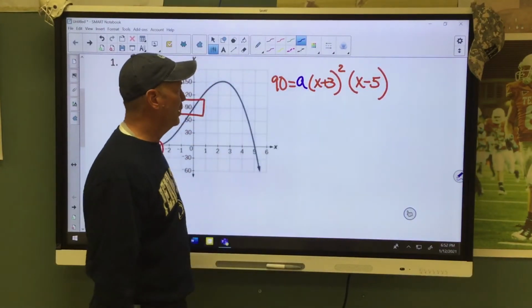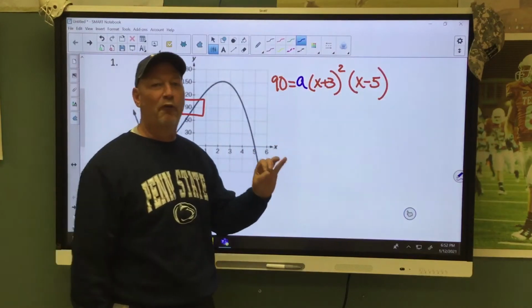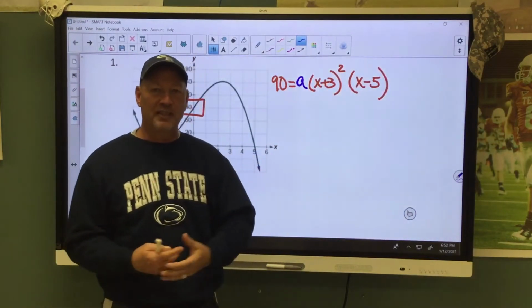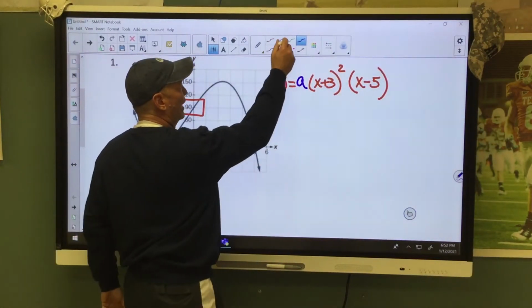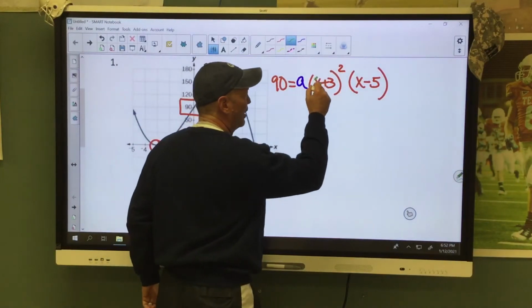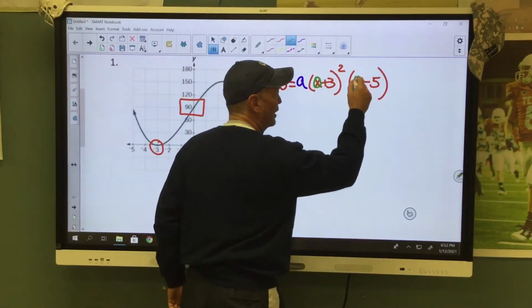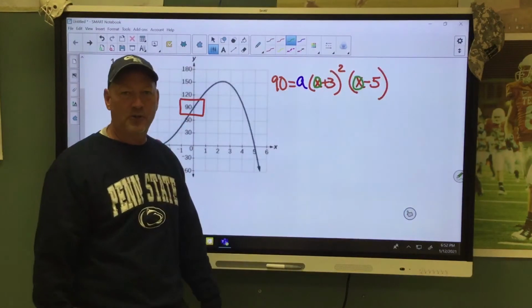So what we're going to do is substitute a 0 for the x so we can figure this out. We're going to put a 0 here and substitute a 0 for the x value.